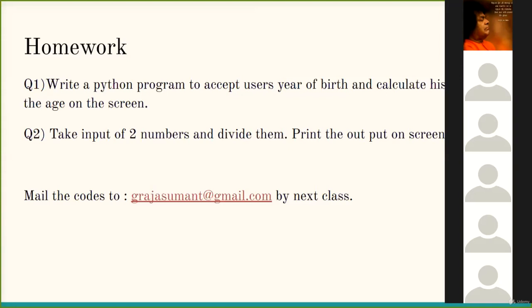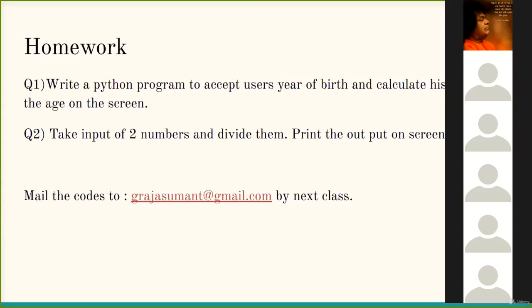Then you can evaluate his age by simply subtracting whatever year he has entered from the current year, that is 2020. Suppose he has entered, in which year were you born, and he has entered 2000.